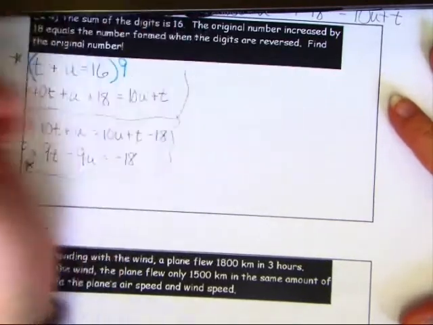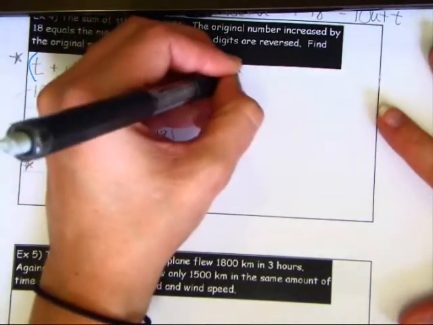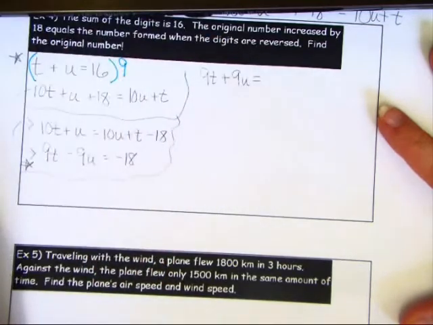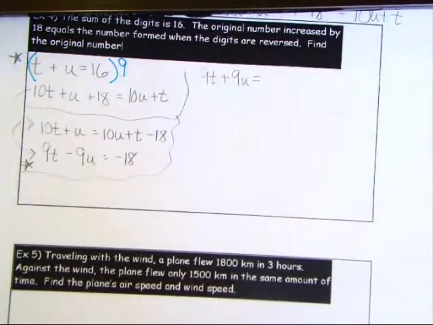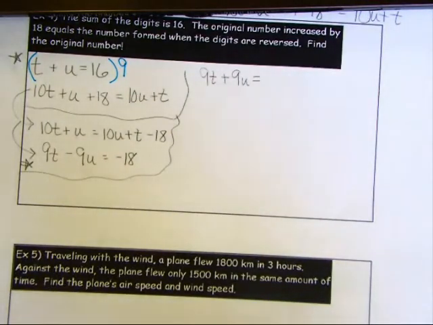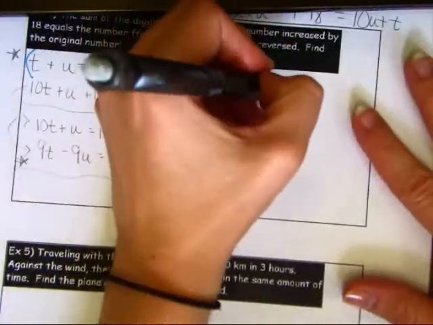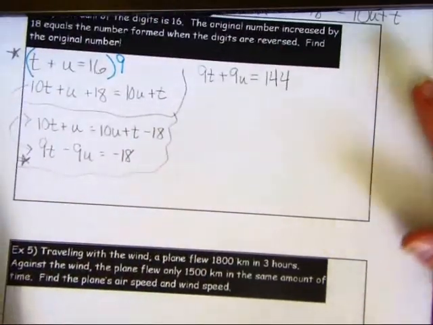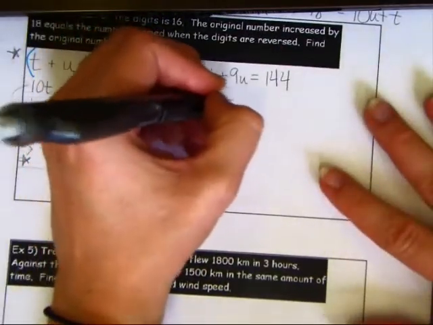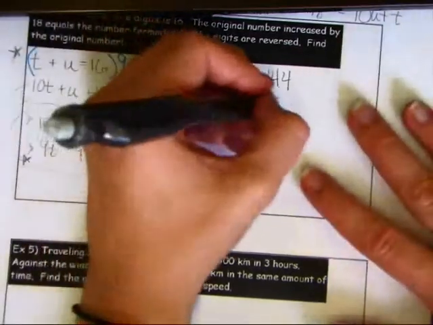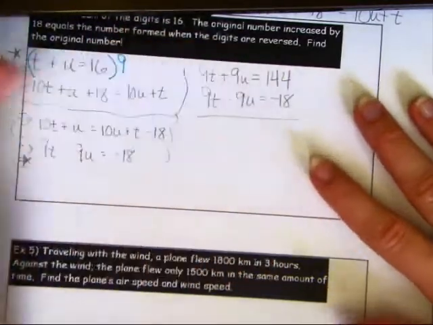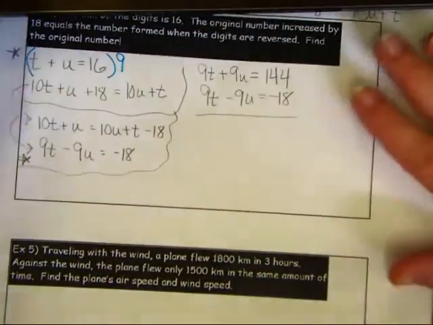So on the top I get 9t plus 9u equals, well, 9 times 16 is something very big. You get 144. I should have known. And the bottom equation is still the same, 9t minus 9u equals negative 18. I didn't change the bottom one, I multiplied the top one by 9.